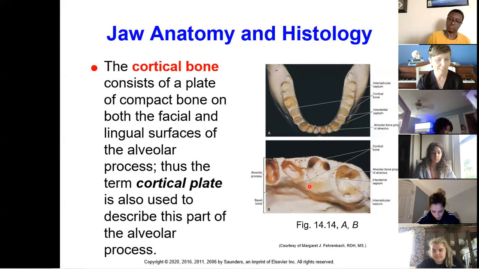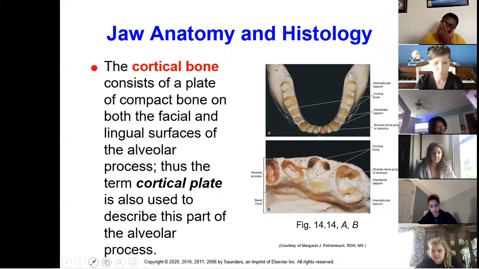You can't really get an x-ray from that side unless it's a CT scan. If you use a cone beam, can you see that? Yeah, CT scan, cone beam, yes. For those of you who know what a cone beam is, yes, you can see it with a cone beam, but that's the only way you can see it. And that's what I'll pull up at the break and I'll try to show you guys.